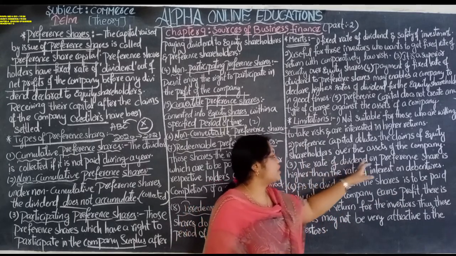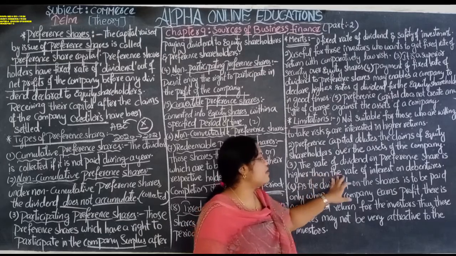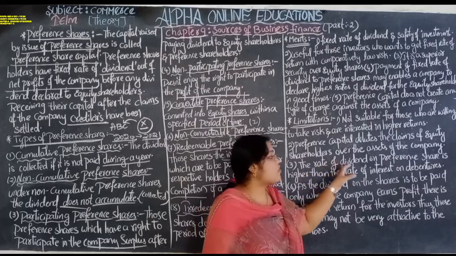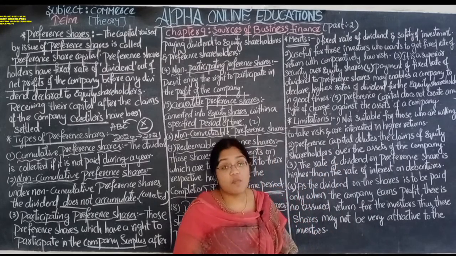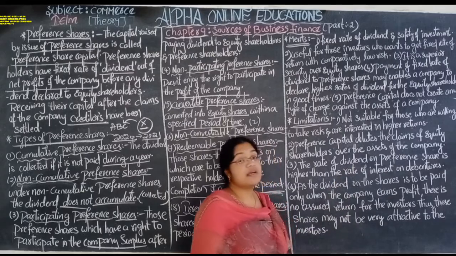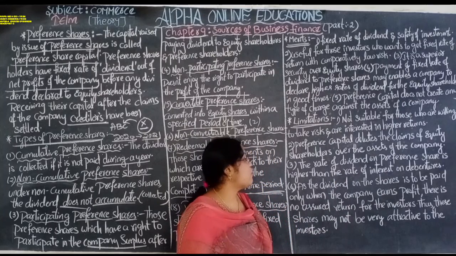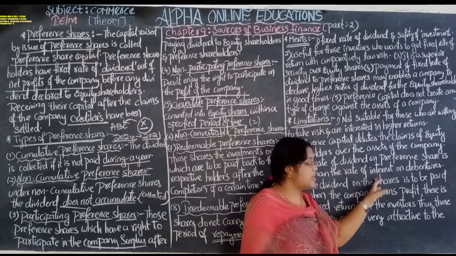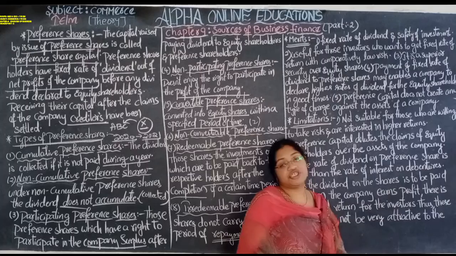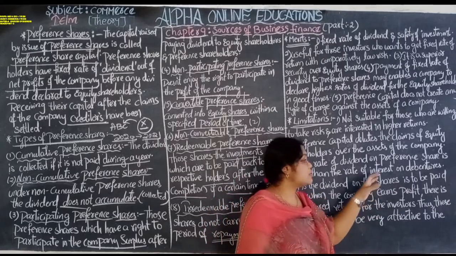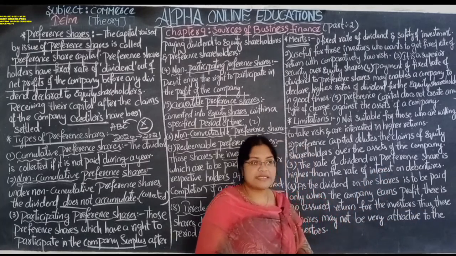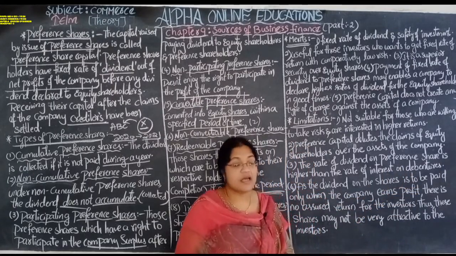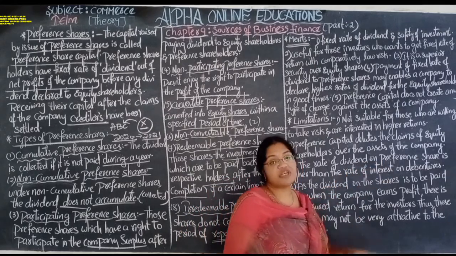The rate of dividend on preference shares is higher than the rate of interest on debentures. Debentures are also a way to raise capital, and on debentures we pay interest.